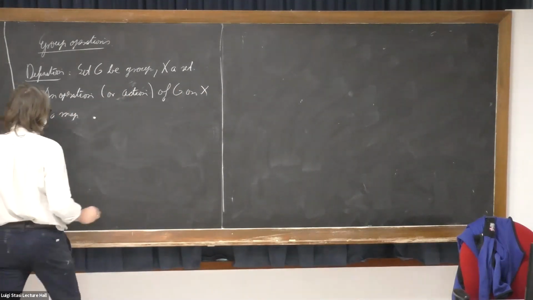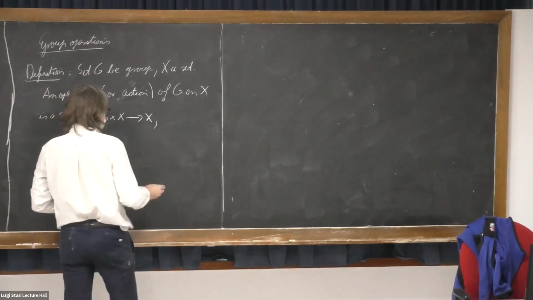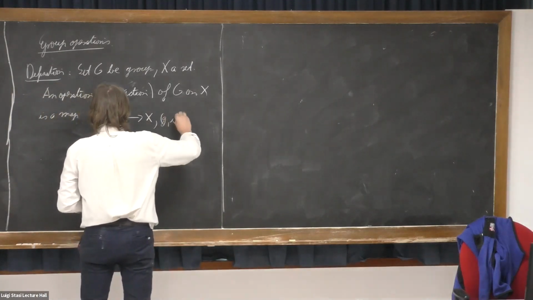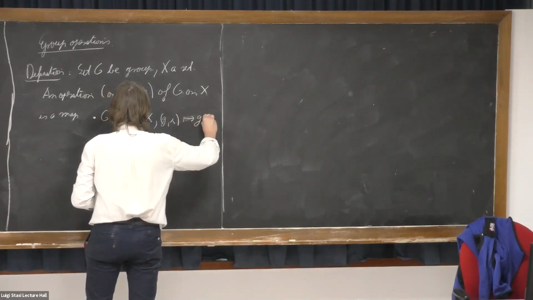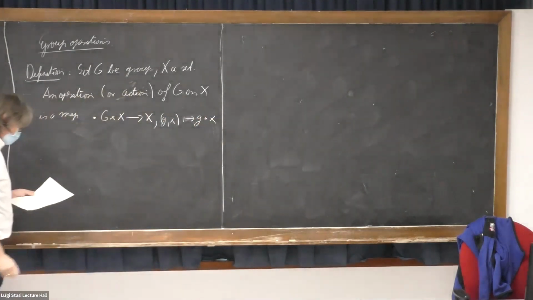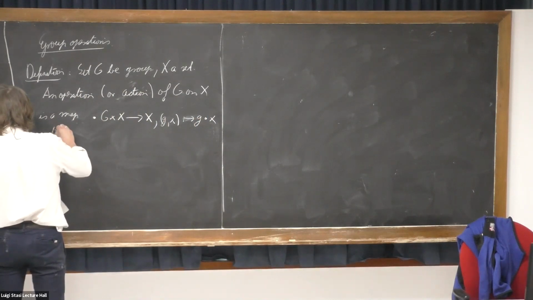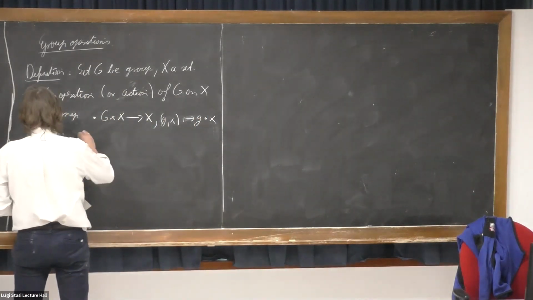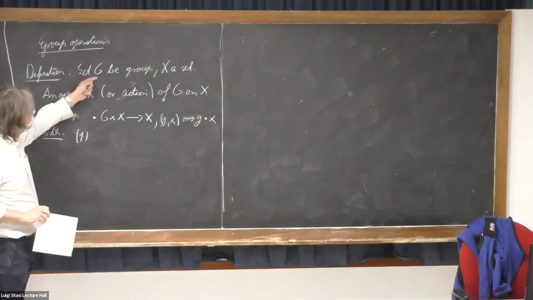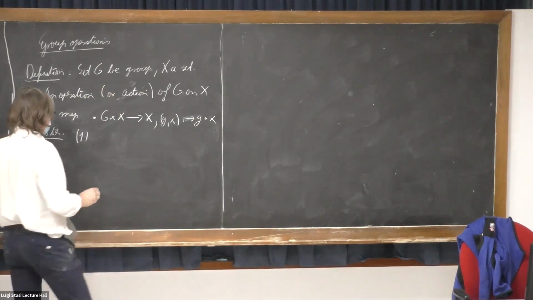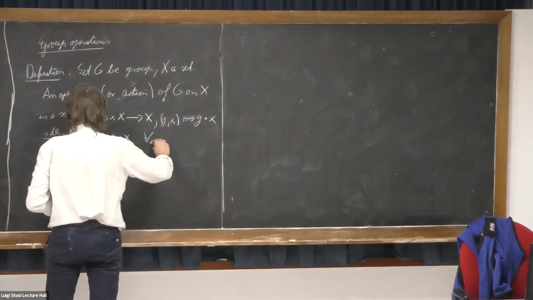Again, I denote it by times, from G times X to X. We send (g, x) to what I denote g times x, such that we have two properties. The first one is that we want the neutral element of the group not to do anything. So 1 times x is equal to x for all x in X.